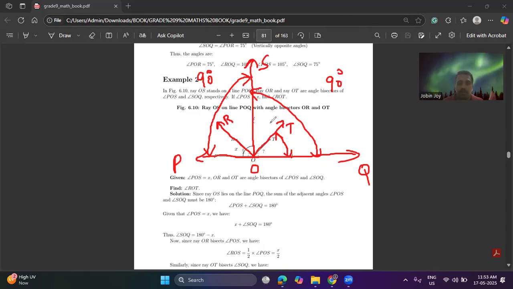of POS and SOQ respectively. Then if POS is equal to... sorry, this is not given.